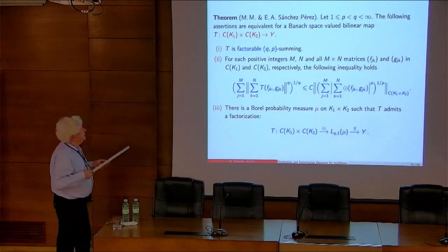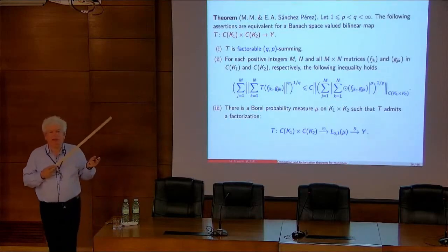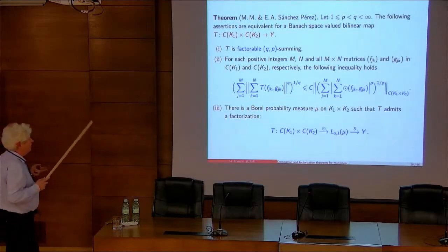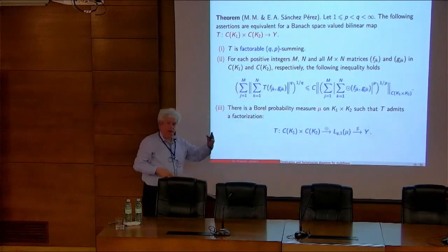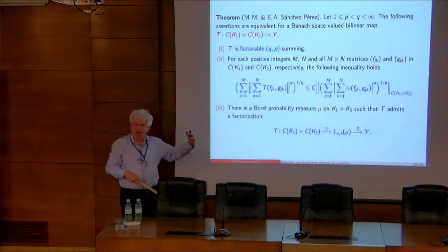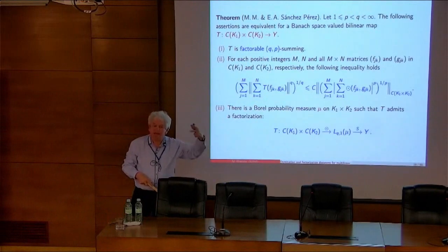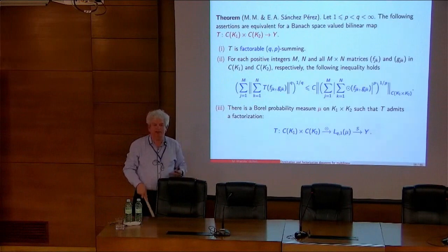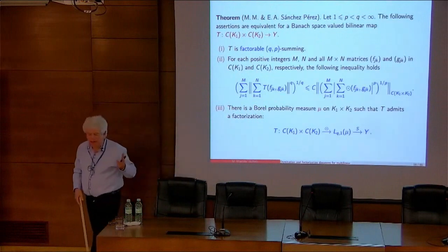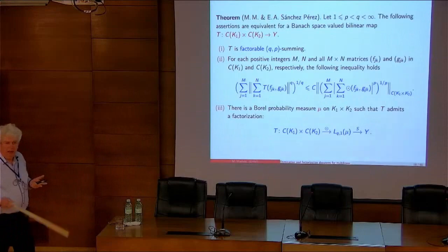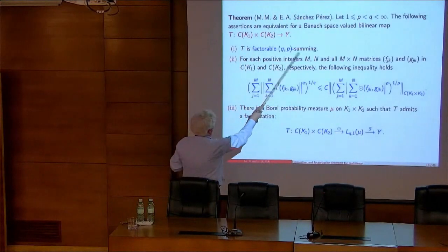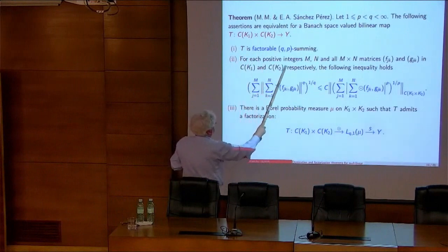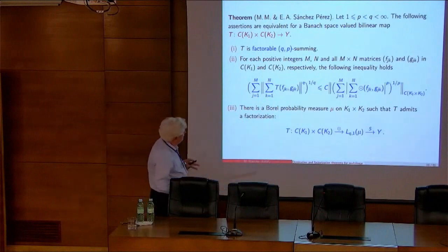For simplicity, let me present the bilinear version only. As I told you, Pisier has a linear operator from C(K) to a Banach space, and there is a description whenever this operator is P1 summing. This is exactly via factorization through the Lorentz space, which involves the parameter of summability. So T is factorable QP summing, and for each positive integer and so on, this is exactly the modified repetition of the definition.